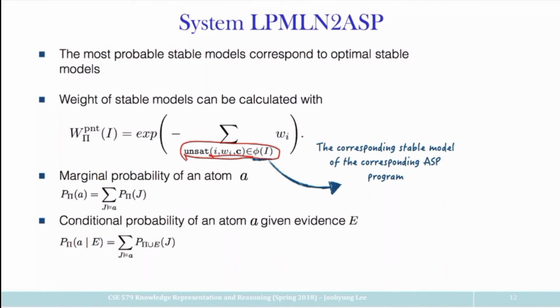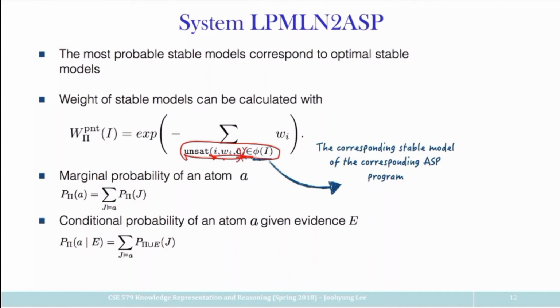The first index I is the index of the rule, Wi is the weight of that rule, and C is the grounding of the variables in the rule. If the rule is a non-ground rule, it will generate multiple ground rules. For the previous example, we don't have variables, so you can ignore this C.